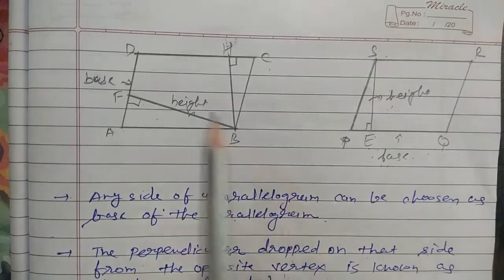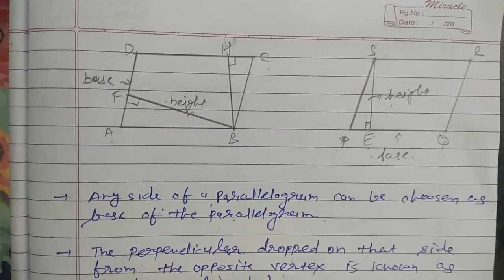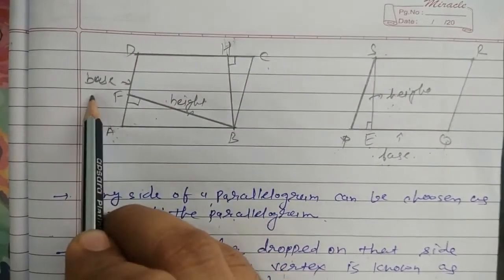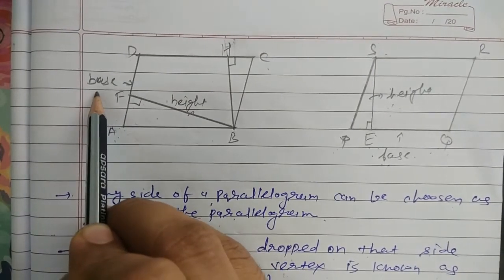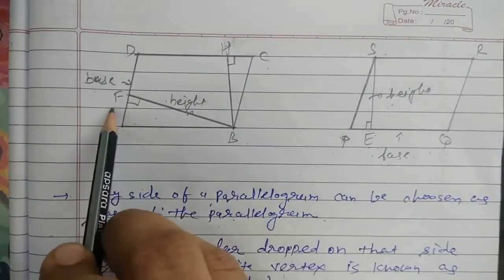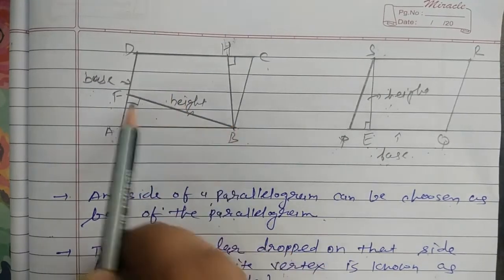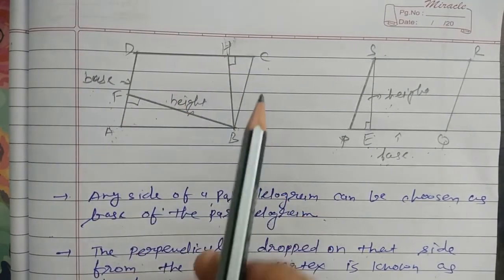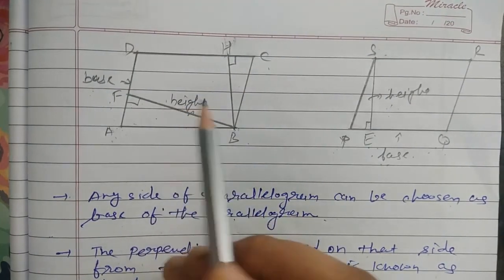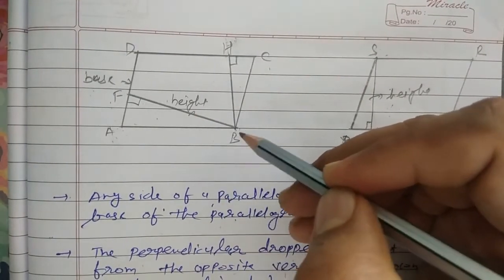So here we have two parallelograms, ABCD and PQRS. In parallelogram ABCD we have chosen AD as base. So now the height should be the perpendicular from the opposite vertex to the base, that is BF. Here two perpendiculars are there, BF and BH. From these two perpendiculars, which should we take as height?